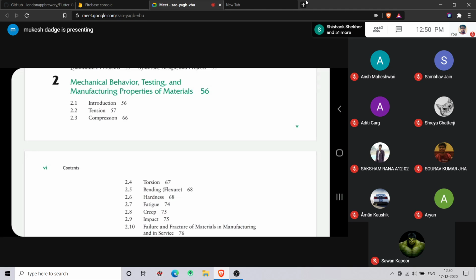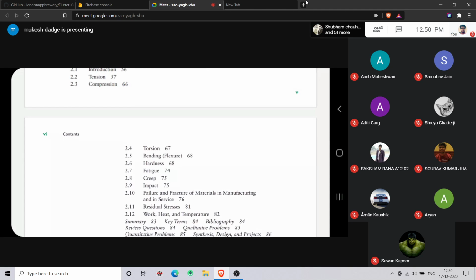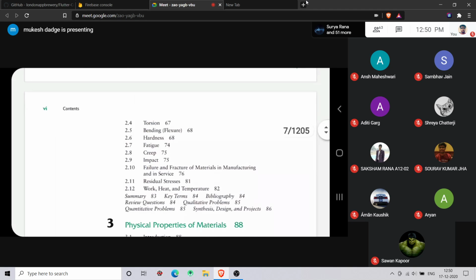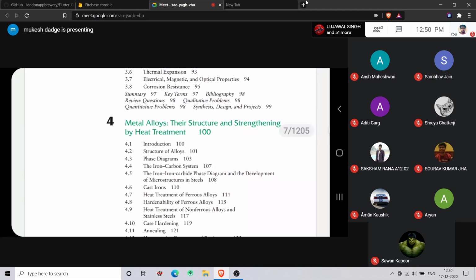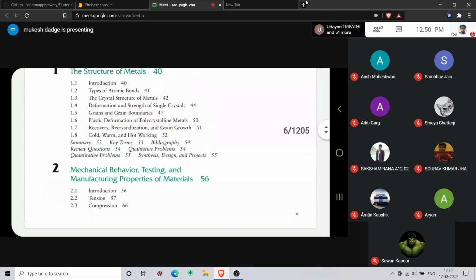There are impact, fatigue, hardness, some of the properties. You can read them, and again physical properties are there. So in this section you can read some properties.